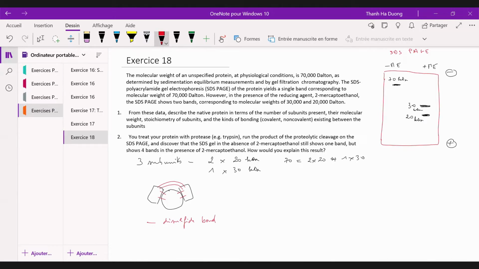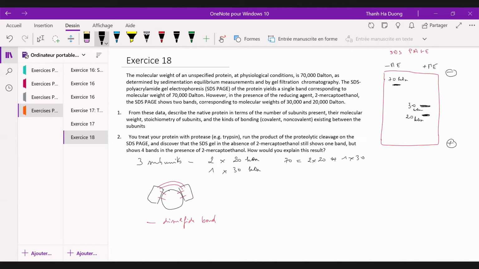Disulfide bonds are disrupted by the presence of the mercaptoethanol. So when you did the SDS experiment in the presence of mercaptoethanol, you will break this bond and you can have the subunits. Okay.